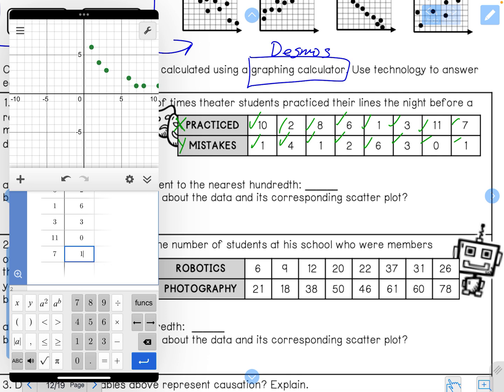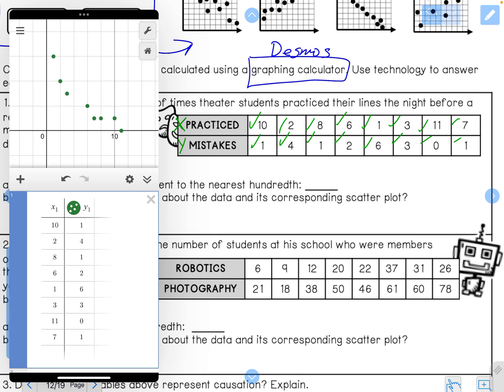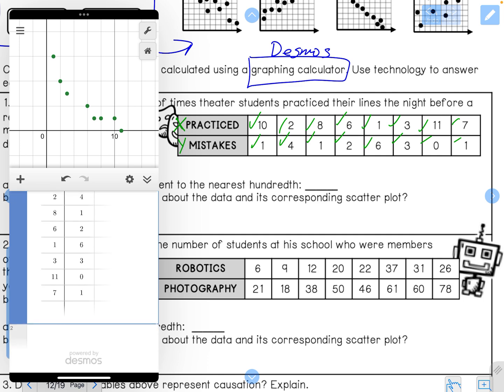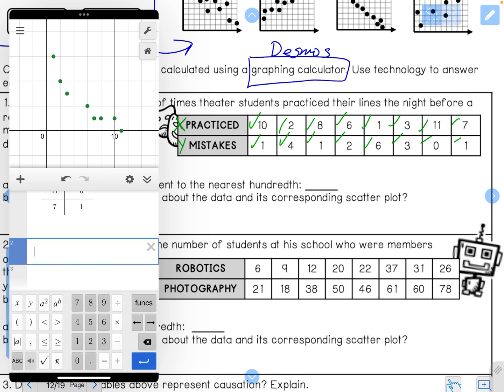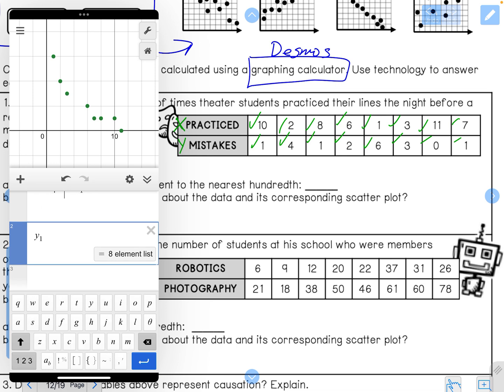What's really cool about Desmos is I can hit this plus sign right here, and it's going to zoom in on my data for me. So underneath the table, I'm going to click on the box below. We're going to hit Y1 because we need to use the values in the table. In the table on Desmos, we call it X1 and Y1. So Y1, and then we're going to find our squiggle.